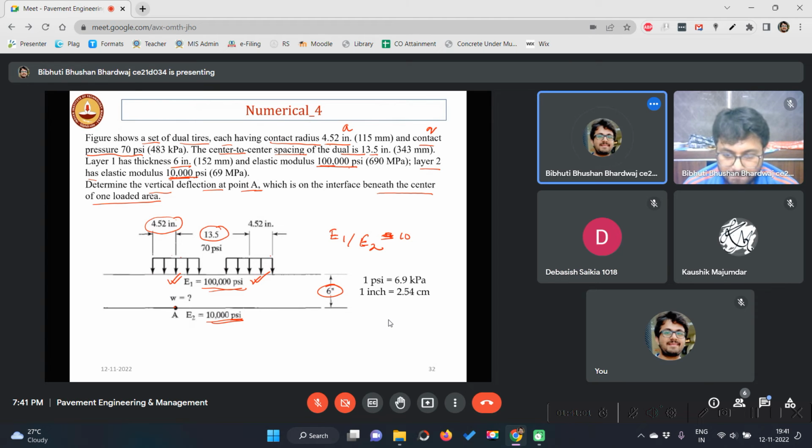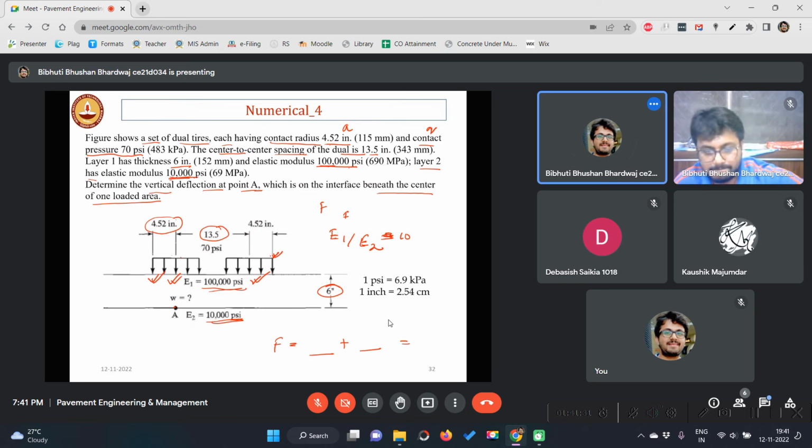Here again you have to use the method of superposition. That means consider only this load first, find F, then consider only this load and find F. Then sum up both the values of F.